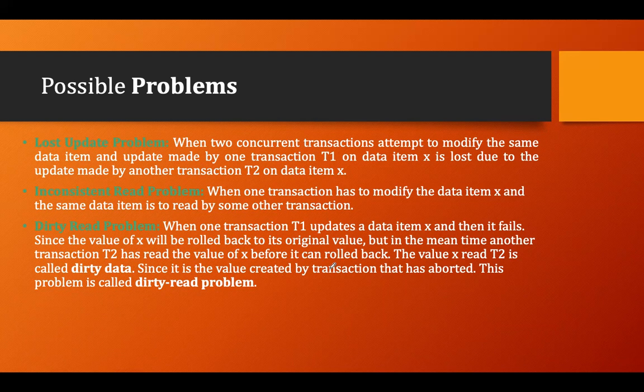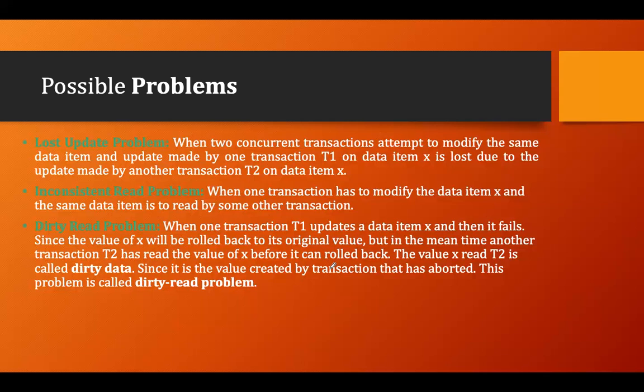So the first one is the lost update problem. The lost update itself says that if some transaction is updating the data in the database, that update may be lost. Why may it be lost?